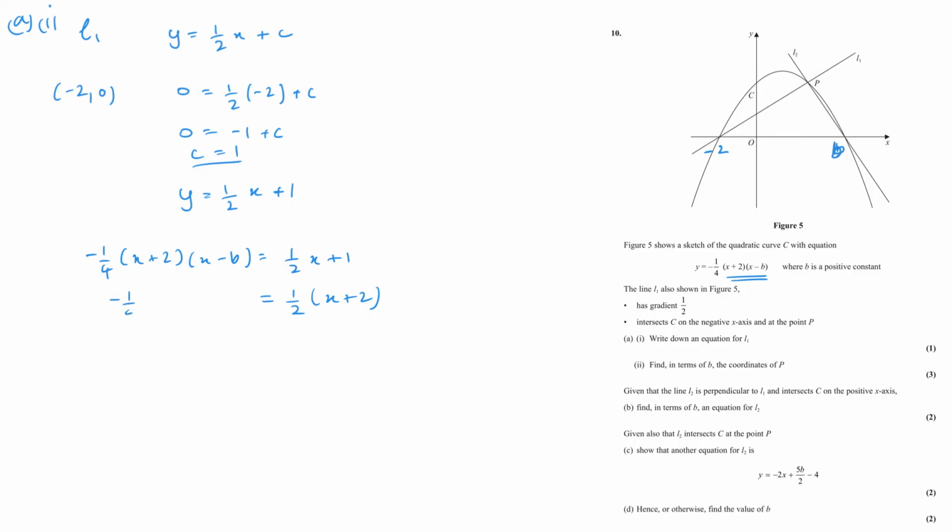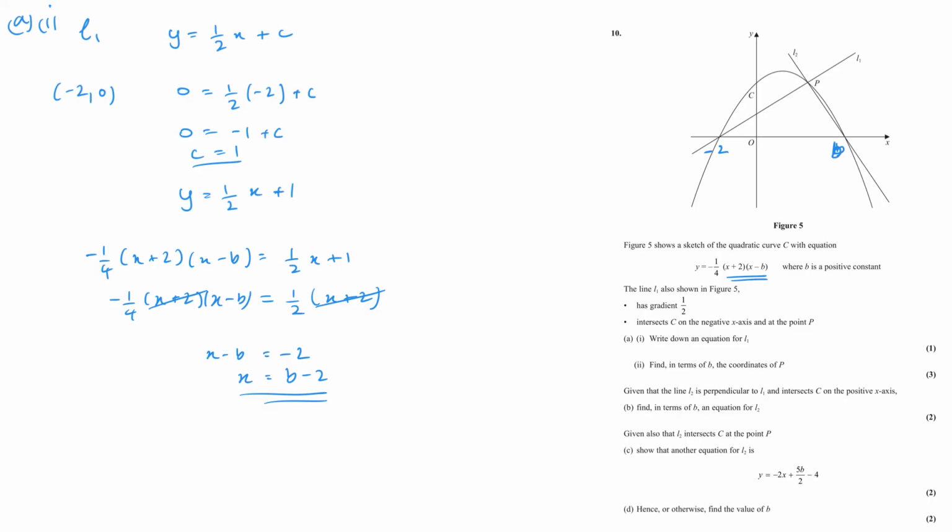And this is minus a quarter x plus 2 times x minus b. So now these two will cancel out. And if I times by minus 4, then x minus b equals minus 2. So x equals b minus 2. So that's the x coordinate of P.